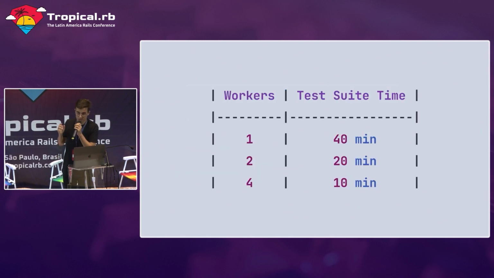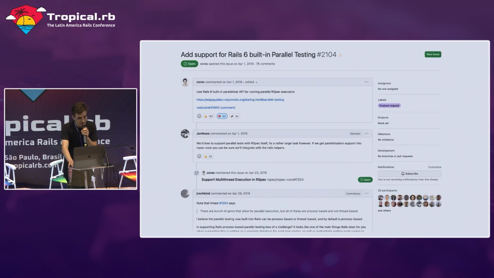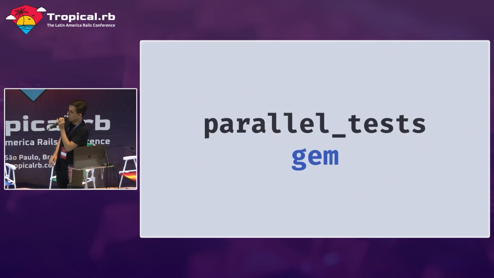Because tests are running in parallel, basically, the more workers you have, the faster the test suite will be. Unfortunately, this is not available for RSpec by default, but before you get upset, there are several gems that implement this for RSpec, and this is one of them.